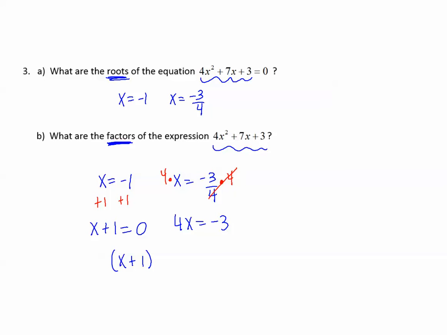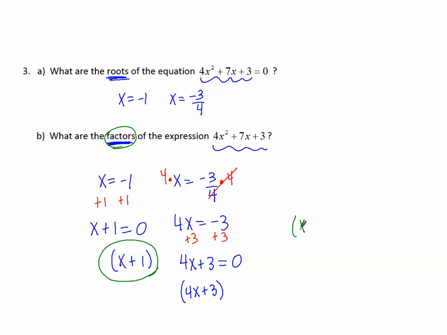Now I need it to equal 0, so add 3. 4x plus 3 equals 0. And because this is equal to 0, the factor is 4x plus 3. So what are the factors of the expression? X plus 1 and 4x plus 3. See how it's all related?